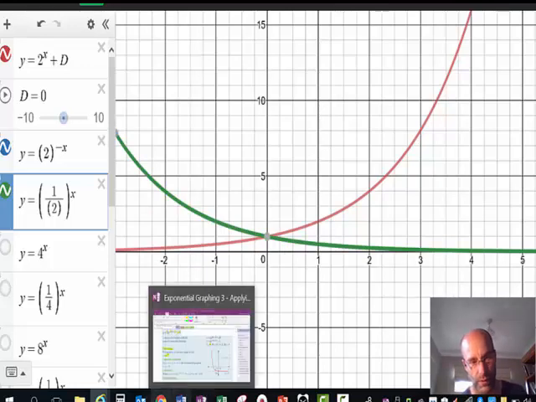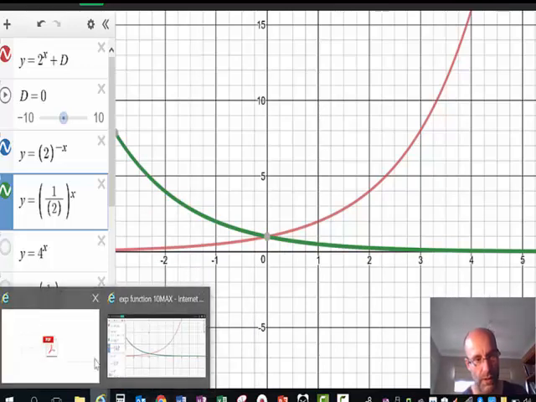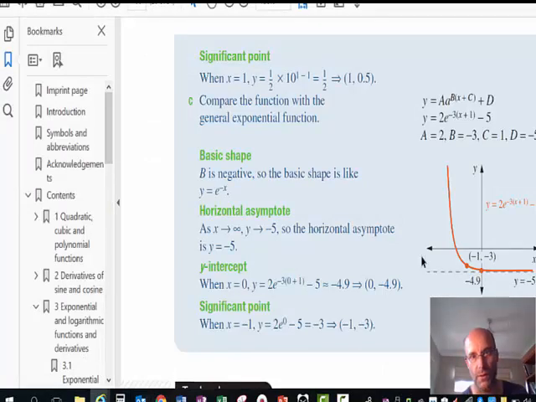So that's why it's mirrored, and we saw that previously. That's something to bear in mind.